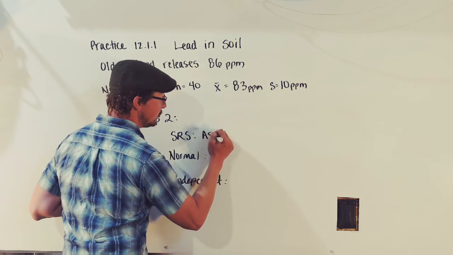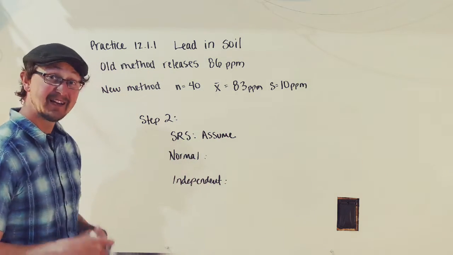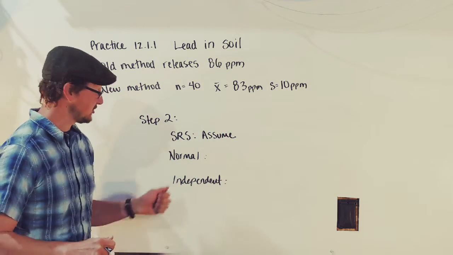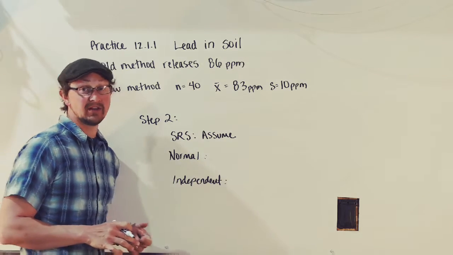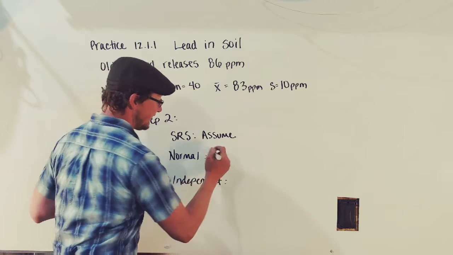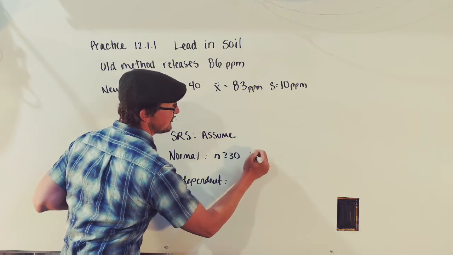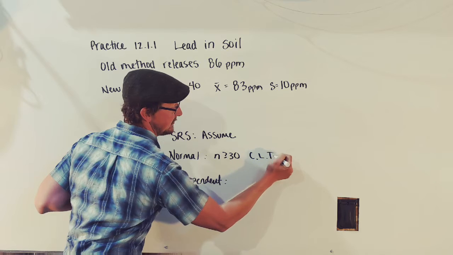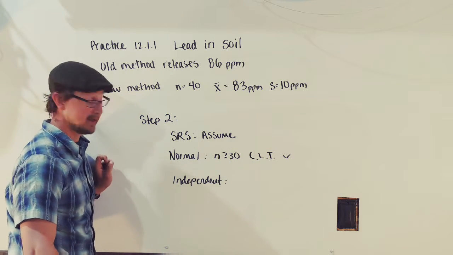So we must assume that the sample of 40 applies to a wider range maybe than it actually does. The problem doesn't tell us the data is normally distributed, but because we have a sample size of n greater than or equal to 30, the central limit theorem kicks in. So we've got a normal distribution based on the central limit theorem.